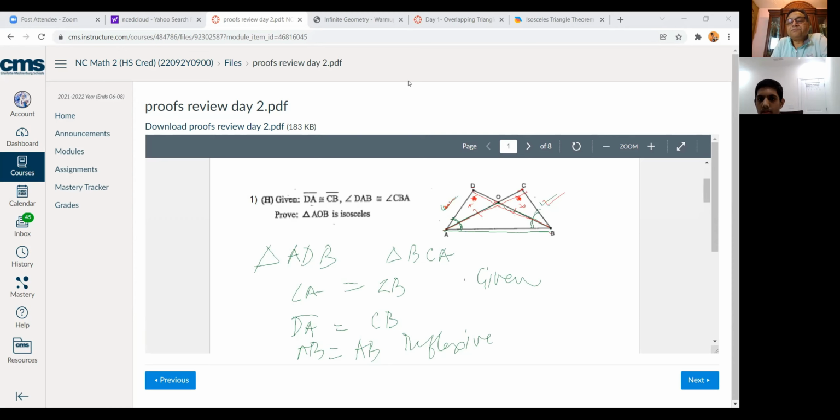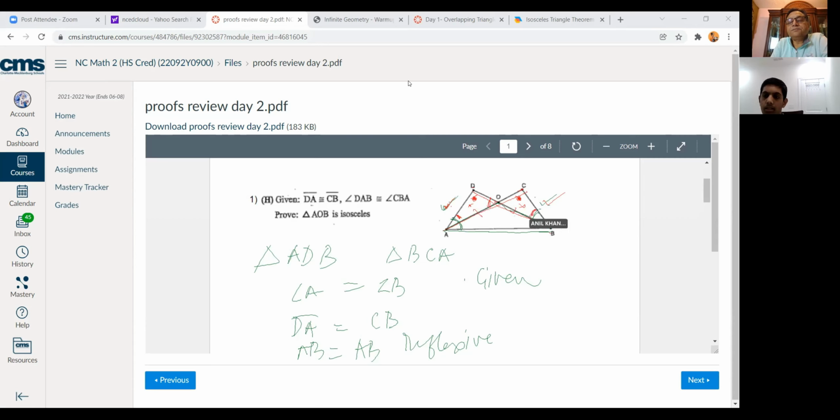That means, when you have angle and side, the third angle will also be equal, correct? Because of the 180 degrees.